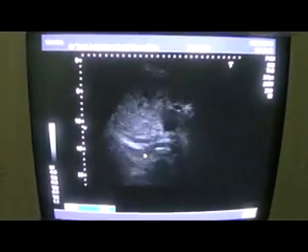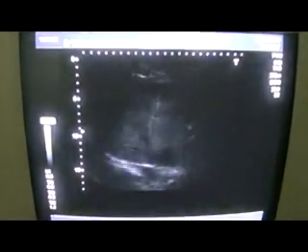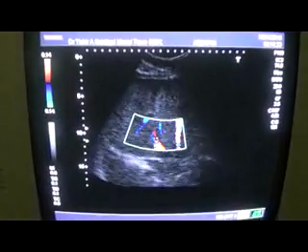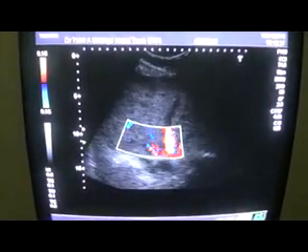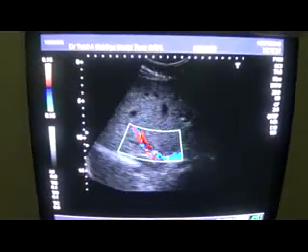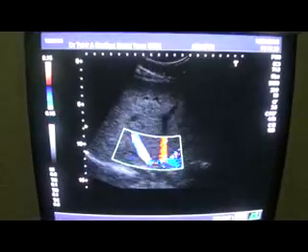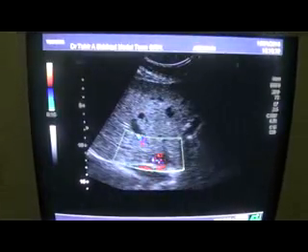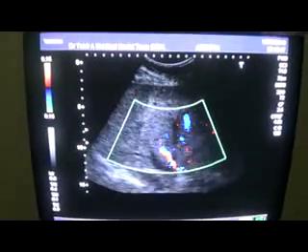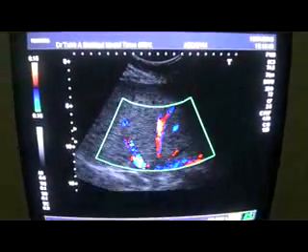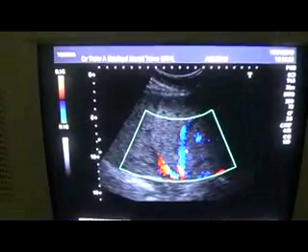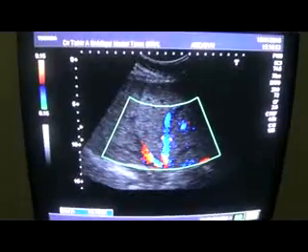Not only that, you see this vessel, this is the middle hepatic vein, and it measures approximately 10.7 mm.